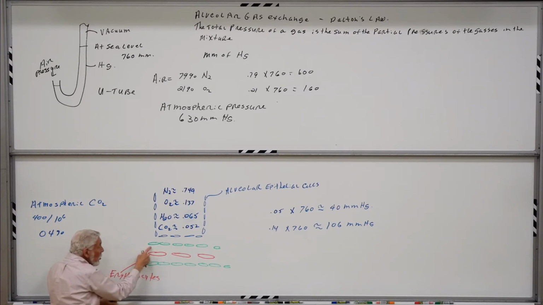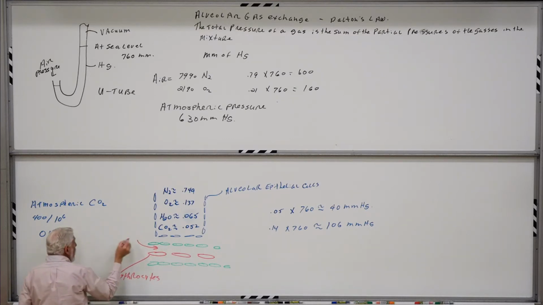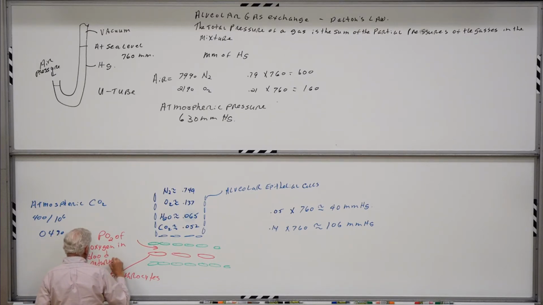If we look at the concentration of oxygen coming back from the tissue, so we're going to have the flow in this direction, this is going to be the partial pressure, the PO2, of oxygen in blood returning from the tissues.